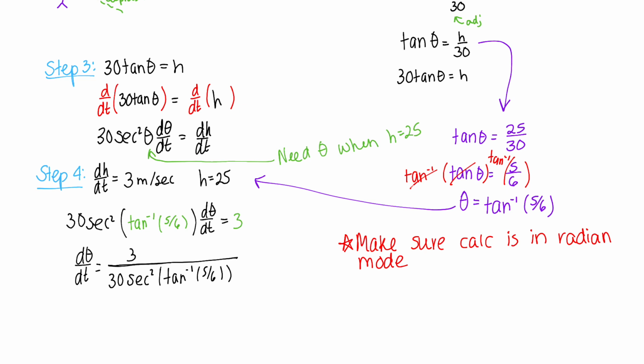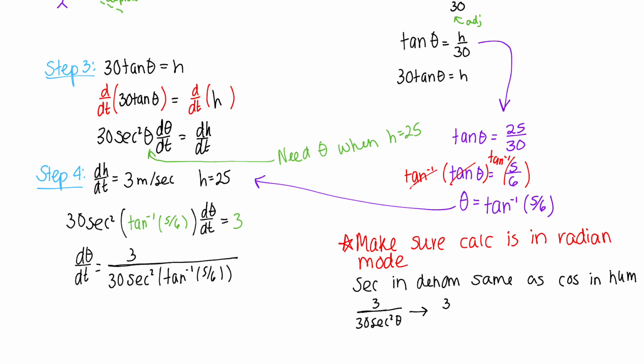Then, secant is partners in crime with cosine. So a secant in the denominator is the same thing as a cosine in the numerator. That is to say, if you have 3 over 30 secant squared of theta, this is the same thing as 3 cosine squared theta over 30.